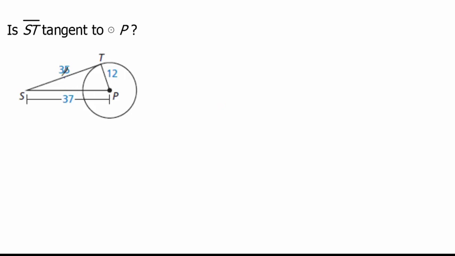So if we start out and we just want to say, well, how do we know if this is a tangent or not? What we're looking for in this particular case is, is this a right angle? Because if it is a right angle, it is a tangent. So we're back to Pythagorean theorem. 12 squared plus 35 squared. If it equals 37 squared, it is a right angle, and if it does not equal, then it is not a right angle.